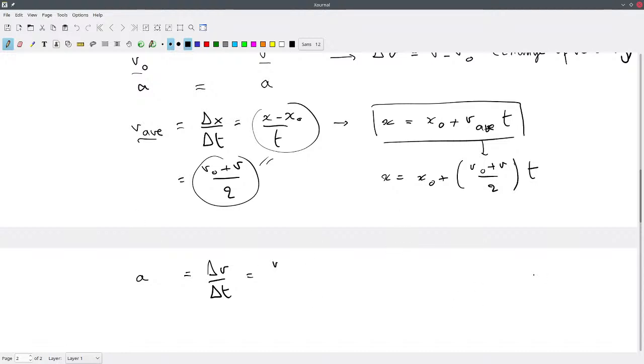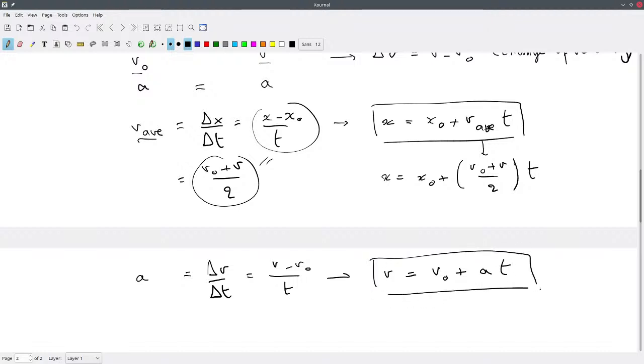So that's (v minus v0) over the time. That gives us that v is v0 plus a times the time. So that's another important equation we'll want to use.